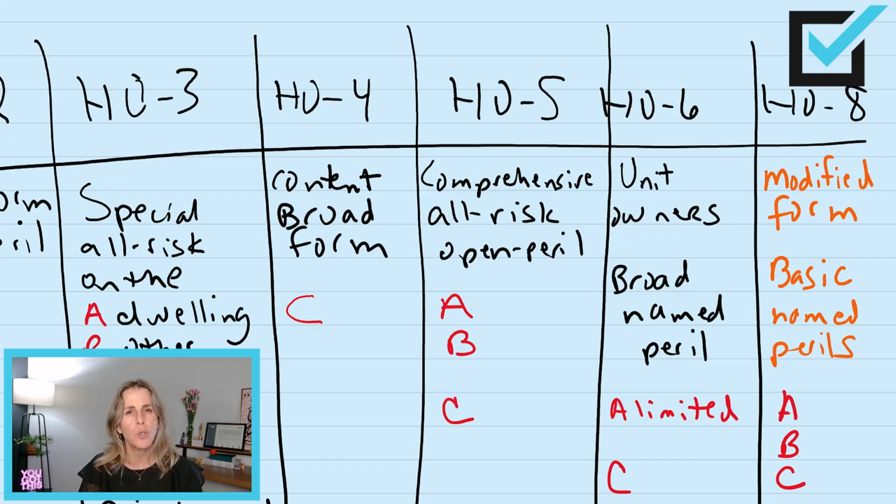It has a unique description for loss valuation for the dwelling, the HO8. They talk about here functional replacement cost. Functional replacement cost, when we talk about coverages A and B on the HO8.